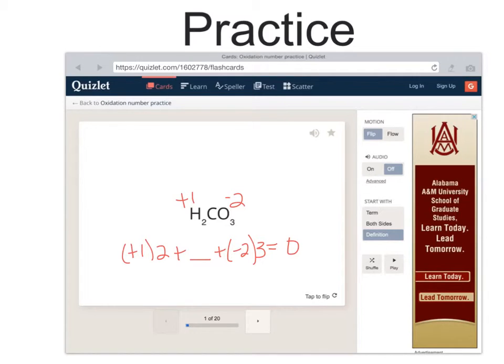So all of the oxidation numbers have to add up to be 0. I have +1 times 2, so that's a +2, and oxygen makes -6. So what's left for carbon? How do I get to 0? Carbon is +4.